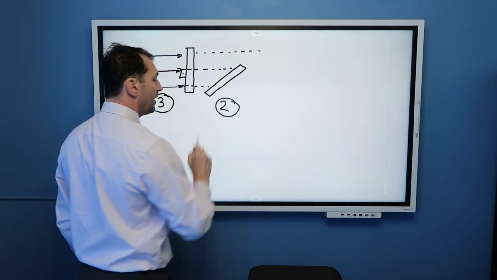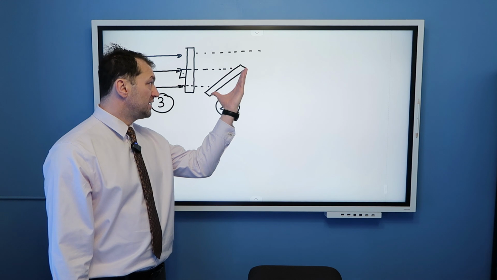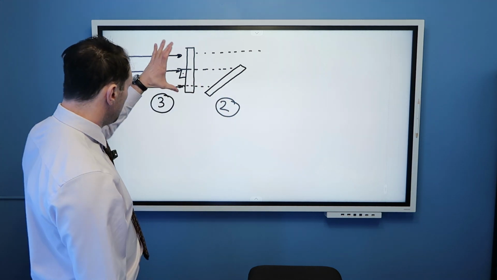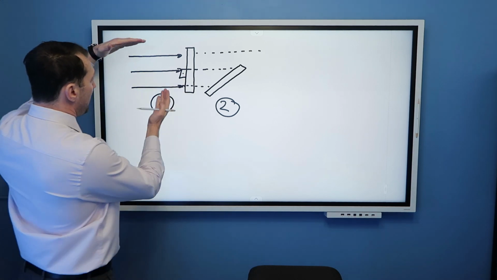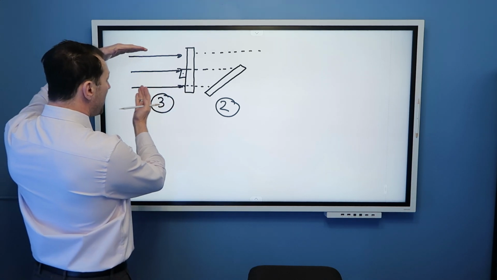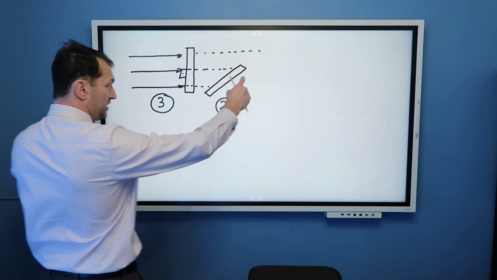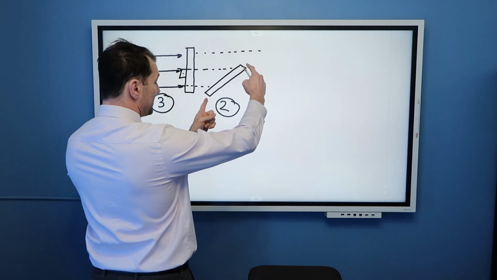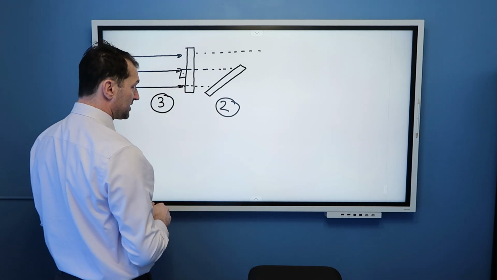The answer is 2. So we would say that the intensity of radiation on this surface is smaller than the intensity of radiation on this surface. And the amount of solar radiation is unchanged, but what is changed is the orientation of this surface with respect to the incoming sun rays.